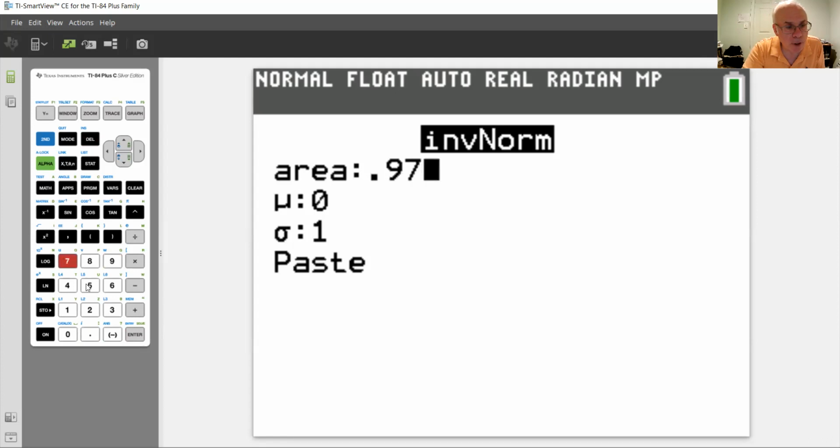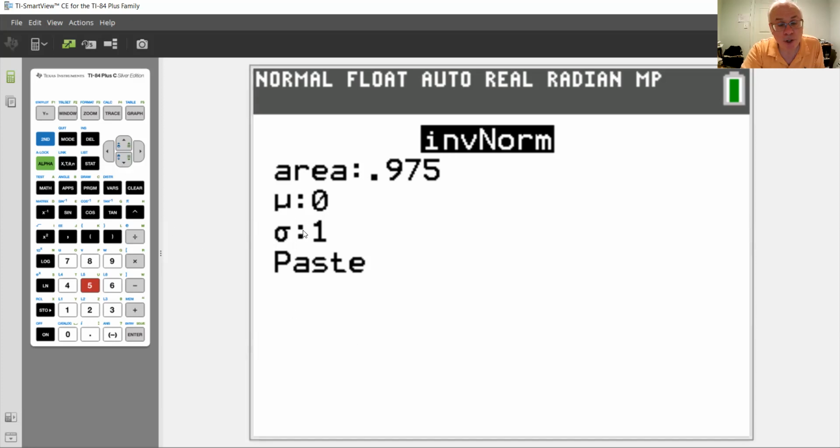Now, the Z is the standard Z, the Z score. So we want to use the mean of 0, standard deviation of 1. That's the Z that they're asking for in that formula. Hit enter.